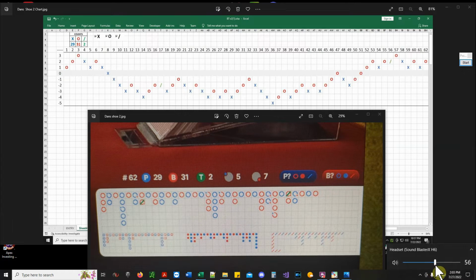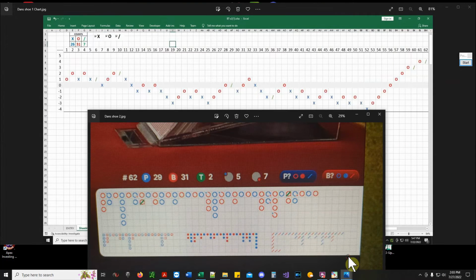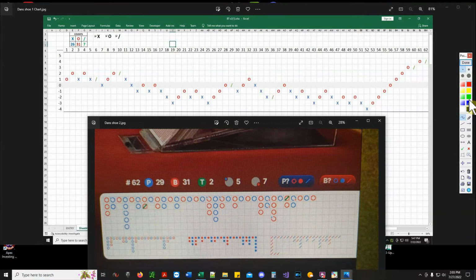Okay. Let's continue on. First thing we're going to do, we're going to do our zigzag so we can see where support and resistance is.